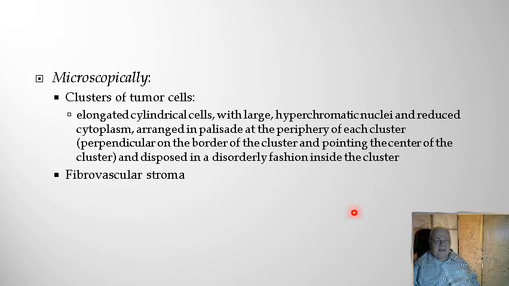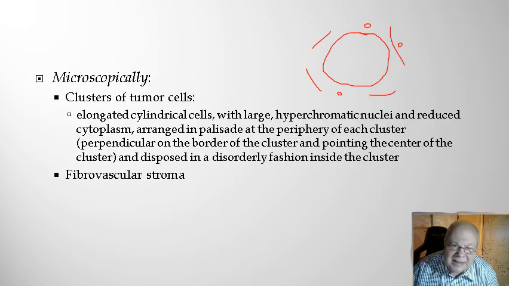Microscopically, we have, as I already said, the same structure as all carcinomas, meaning growth in islands of tumoral cells surrounded by stroma made of normal connective tissue and small vessels. What is particular to this basal cell carcinoma is that the proliferation of the tumoral cells in the island is made of elongated cylindrical cells, which are very similar to the basal cells of the squamous epithelia.